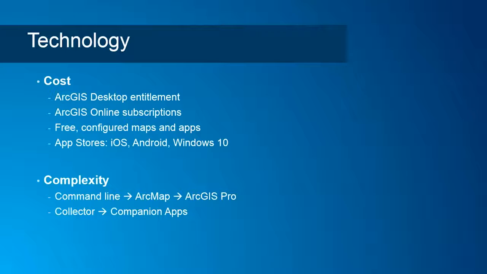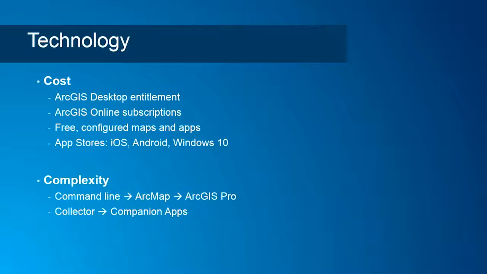From a complexity standpoint, we've come a long way. We like to say we're not in your father's GIS anymore. We've come a long way from the command line into good old ArcMap that's fully featured. But even then, some people said, wow, that's still a difficult product. And so as we've evolved desktop into ArcGIS Pro, we've adopted that Microsoft ribbon aspect.